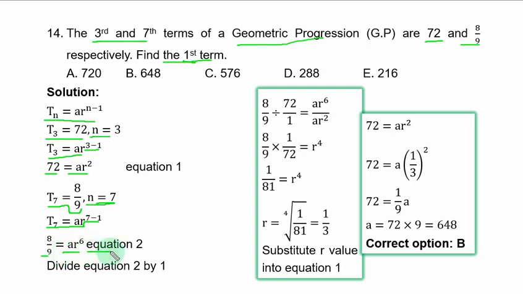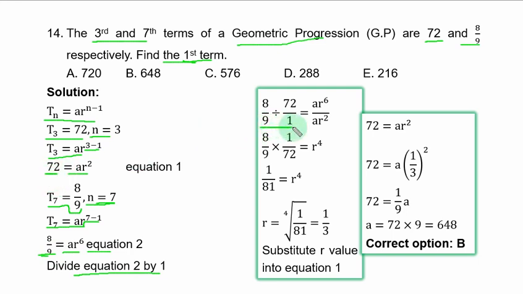You can call that equation 2. Whenever the equations are non-linear, you divide the two equations. Because the power of r in equation 2 is higher, let us divide equation 2 by 1 side by side. So left hand side of equation 2 divide by that of equation 1.